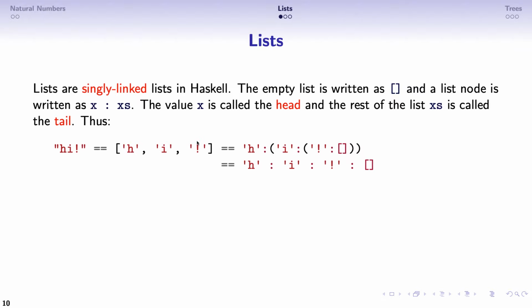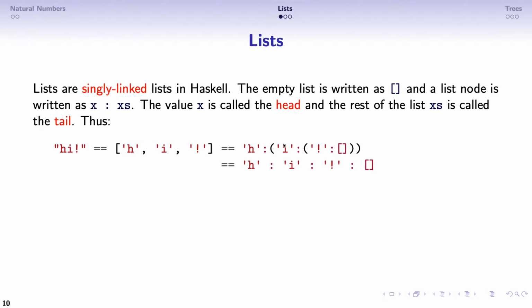And these lists are essentially recursive structures. We have a list node, which we write with the colon, and you pronounce that colon as cons, C-O-N-S. It's just a historical name for it. So we say h cons, i cons, exclamation mark cons, nil, the empty list.